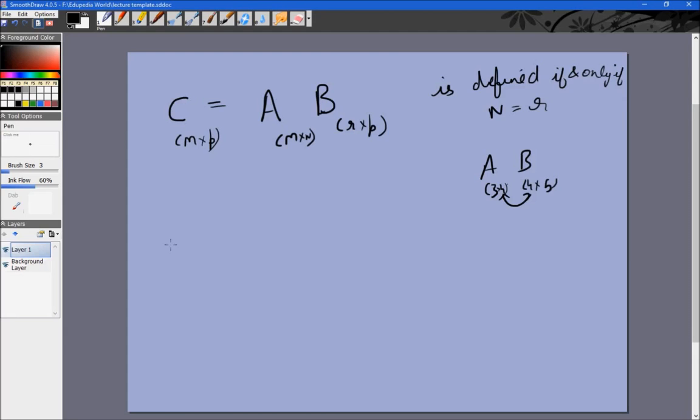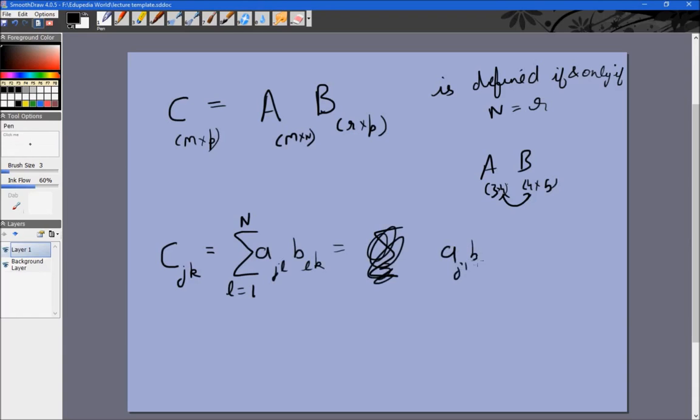And then C is a matrix whose entries CJK are defined as CJK is equal to summation L is equal to 1 to N, which is the number of columns in A or the number of rows in B, AJL BLK, or let's write it explicitly, AJ1 B1K plus AJ2 B2K plus dot dot dot.